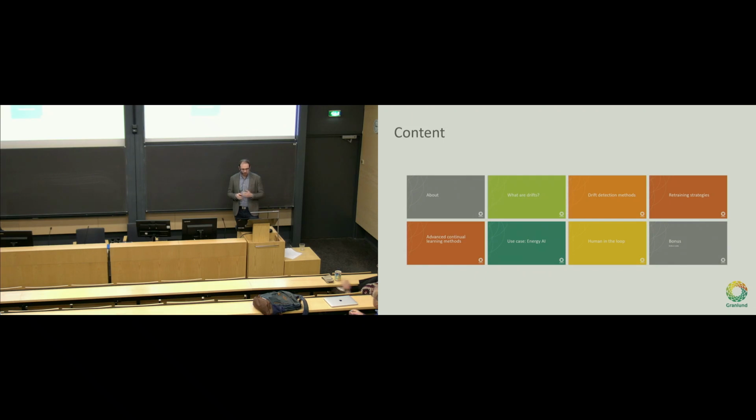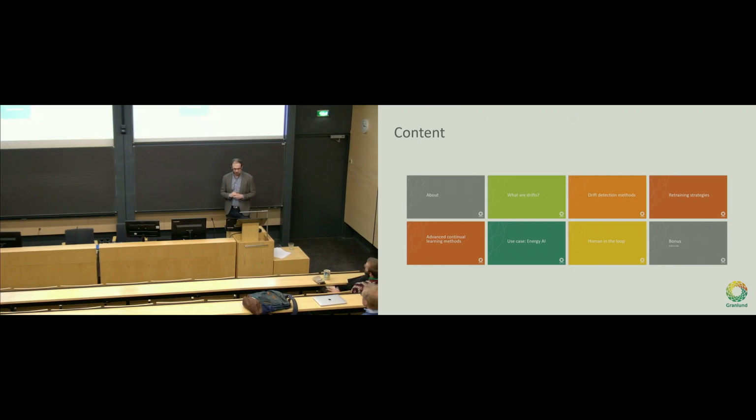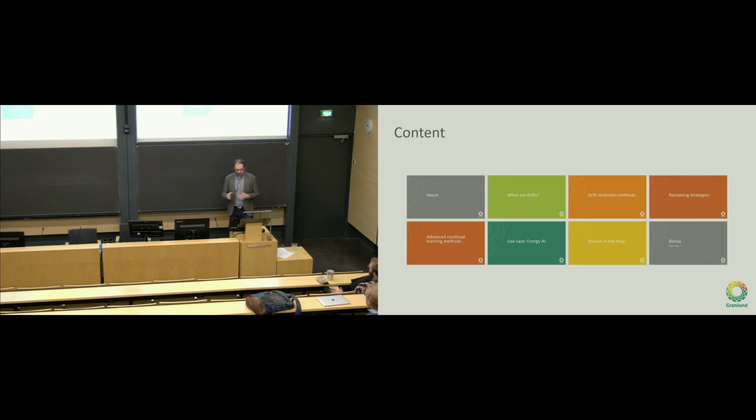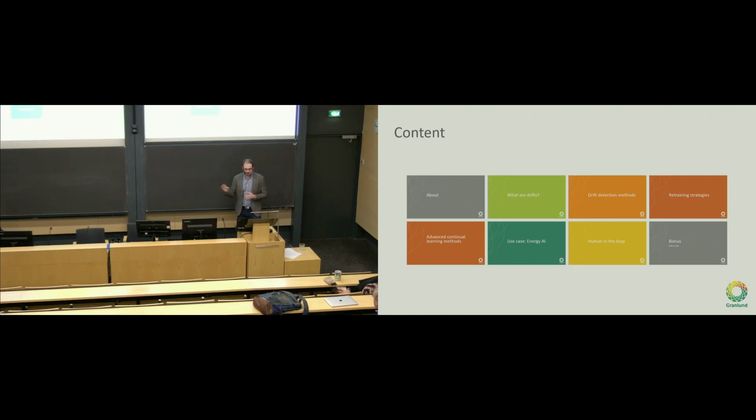Then I'll show an example of what we did for energy AI, our own energy product, not a product yet, but soon to be. And then talk about human in the loop in this, and then as a bonus, of course, I'll talk about large language models and drifts, but that's only a few slides.